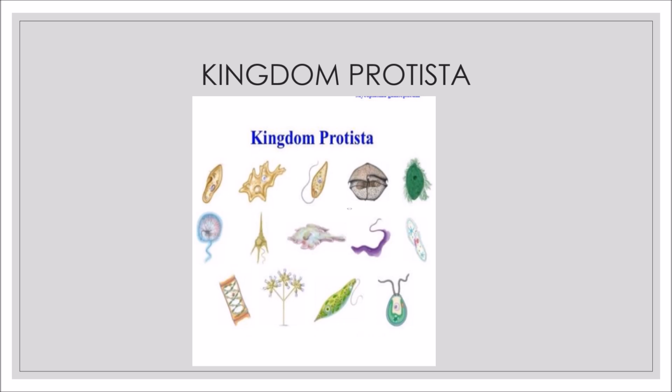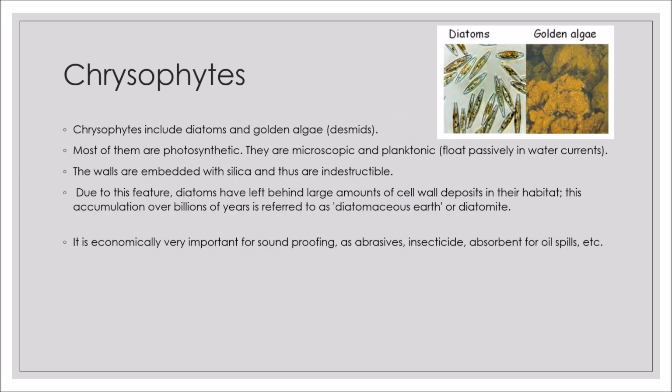Next is chrysophytes. These chrysophytes include diatoms and golden algae, that is desmids. The golden algae is also known as desmids. Most of these chrysophytes are photosynthetic, that is, chlorophyll is present and they can produce their own food.